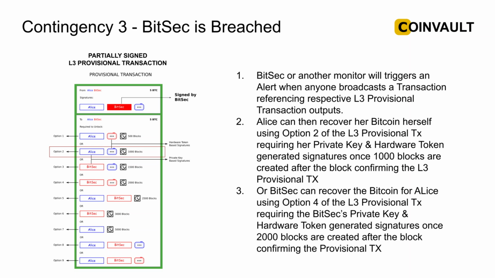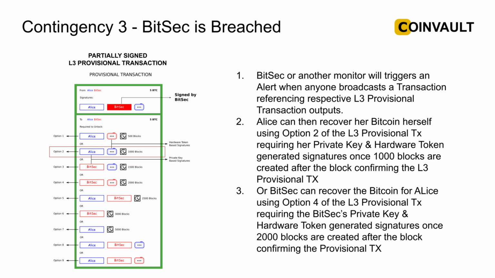However, BitSec and other monitors continuously monitor the Bitcoin network for L3 provisional transactions created through it, and alert the respective parties as soon as any L3 provisional transaction created by them is broadcasted. This enables Alice and BitSec to cooperate and recover the Bitcoin, using options 1, 3, 5, 8, or 9 of the L3 provisional transaction.